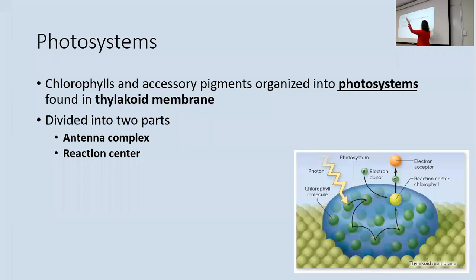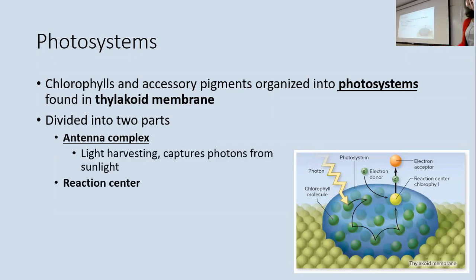And that energy gets passed through the photosystem until you get to one of these reaction center chlorophylls, and we'll talk more about what a reaction center looks like, right? But that is where the actual electrons get moved around, in the reaction center. So antenna complexes are light harvesting pigment molecules. So they're capturing photons from sunlight, pulling that energy into the photosystem.